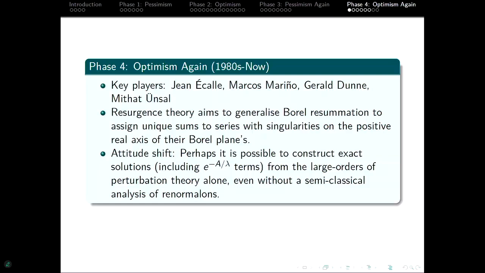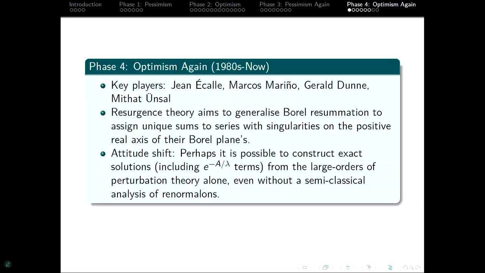Essentially, it extends the space of series which we can assign a unique sum to. And this has led to an attitude shift, a return of some optimistic view in certain quarters of mathematical physics. I'm going to read some quotes in a second.